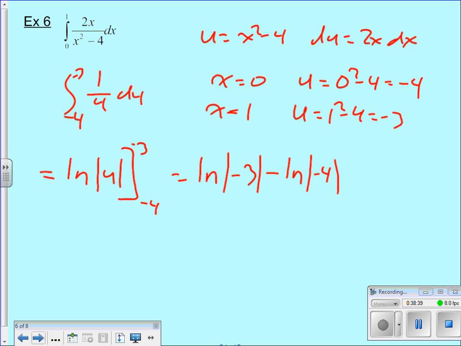It won't work, because e times itself will never get you a negative 3. The natural log of a number is what power of e gives you that number. I can never multiply e times itself and get negative 3, because e is positive. That's why. If we had 0 in there, we'd be screwed.